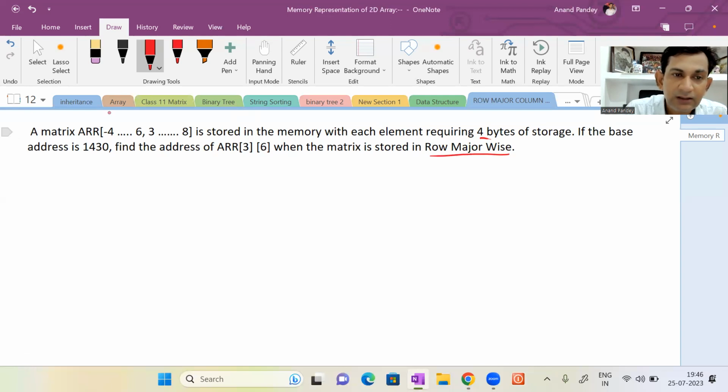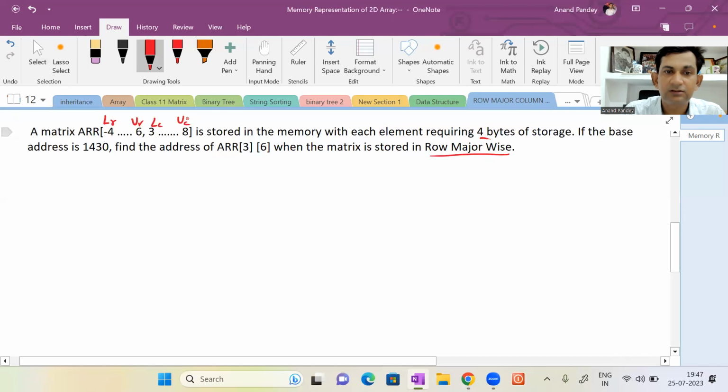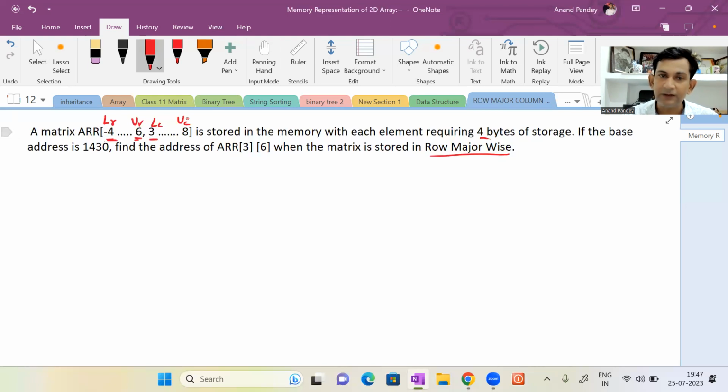Now here, this is LR, this is UR, this is LC, and this is UC. What is the meaning of LR, UR? I'm going to clear it now. Here, R for row, and this is the lower bound of row, L for lower bound, R for row. This is the upper bound of row. And this is the lower bound LC, C for column, L for lower bound.